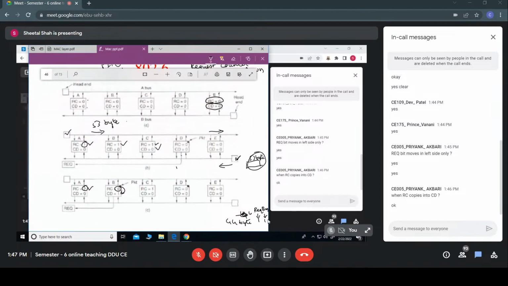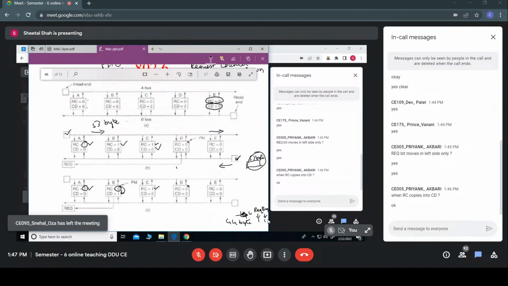So C comes to know that before it, there is one station which has already requested.